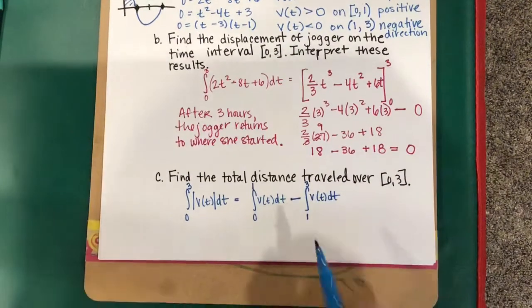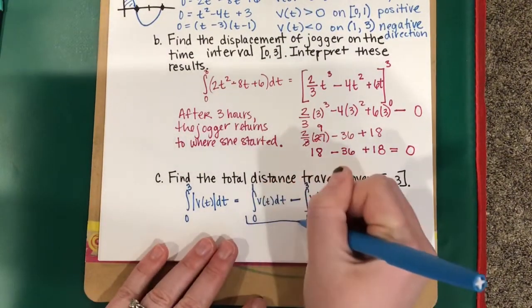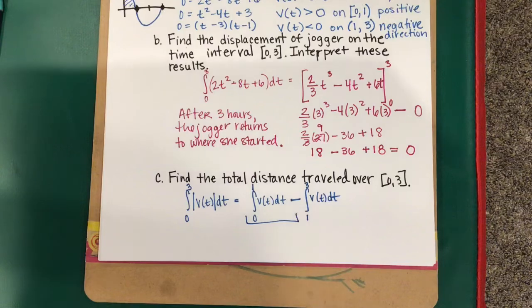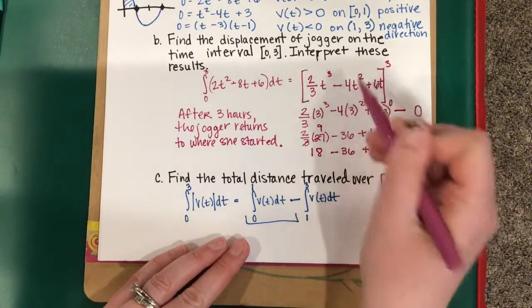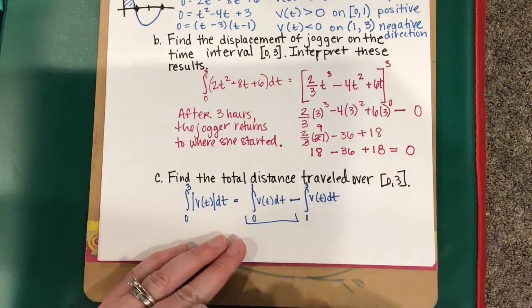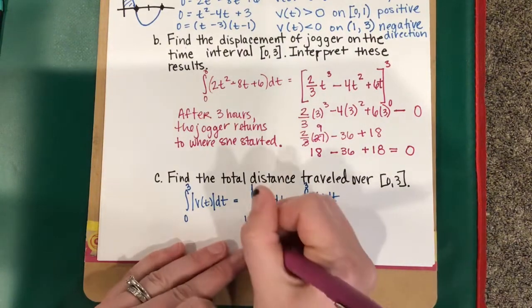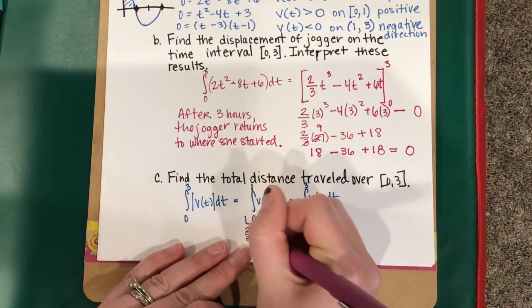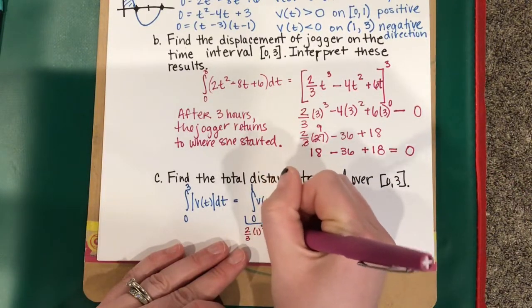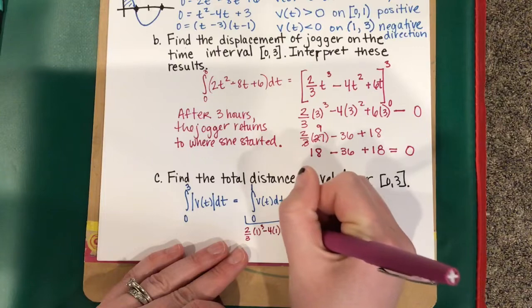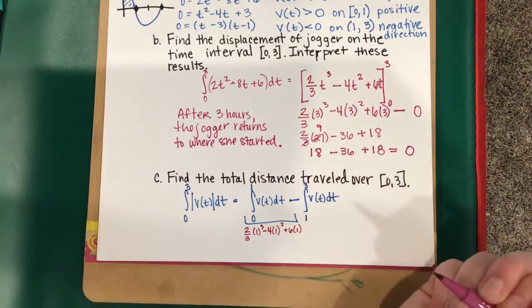Now, we've already come up with our antiderivative. And so for this first one, I know I'm going to end up subtracting 0. So I'm really just looking for my antiderivative when t is 1. So that ends up giving me 2/3 times 1 cubed minus 4 times 1 squared plus 6 times 1.